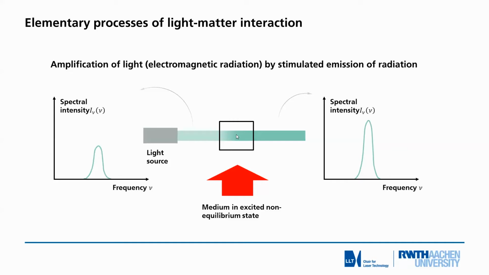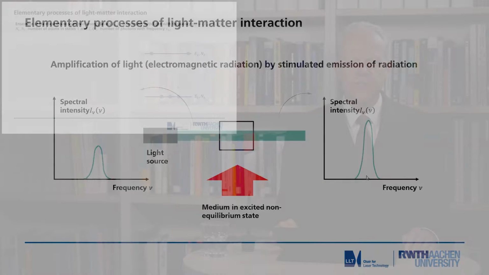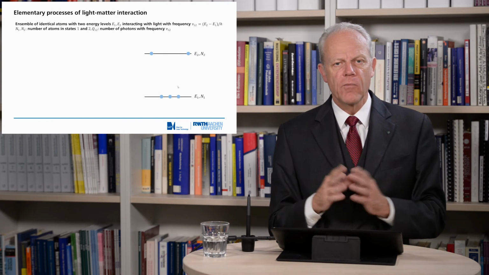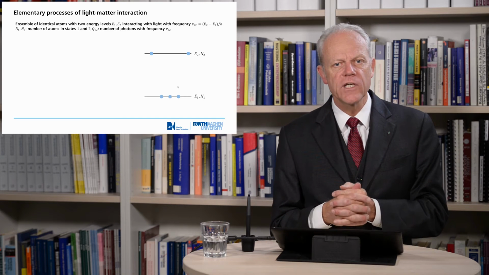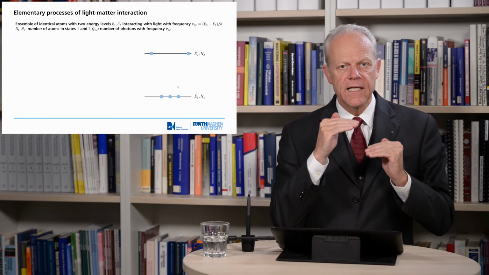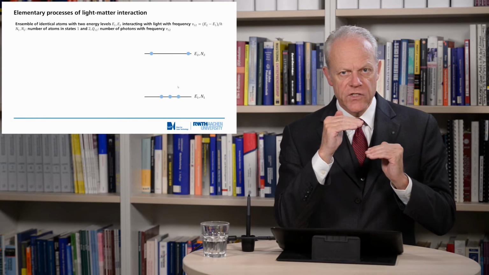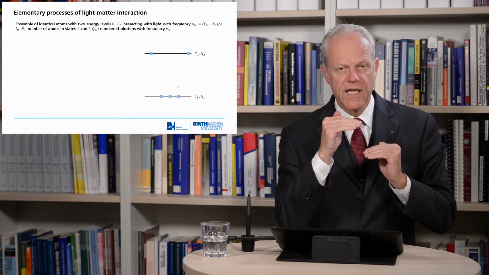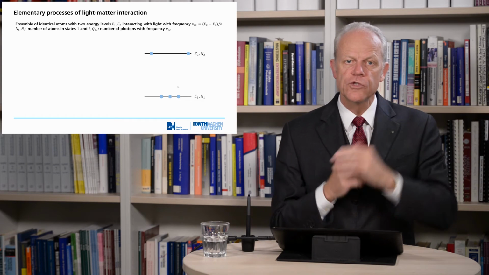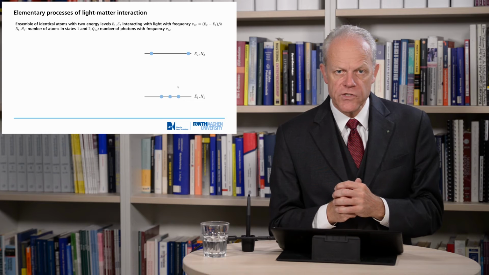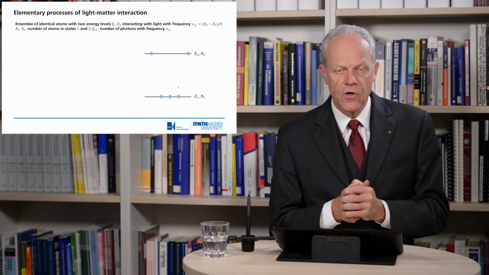As a result we will have an increased intensity, however with more or less the same spectral width of the light source. So these processes you are more or less familiar with, and what we will do now is take a closer look at the individual energy levels in these processes and how they are populated and depopulated due to the characteristic processes of emission and absorption of radiation.